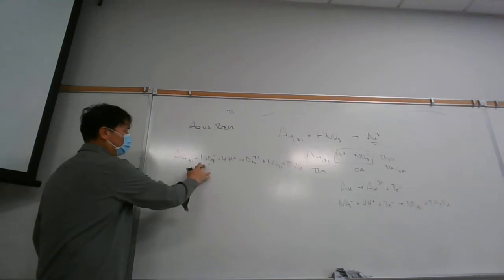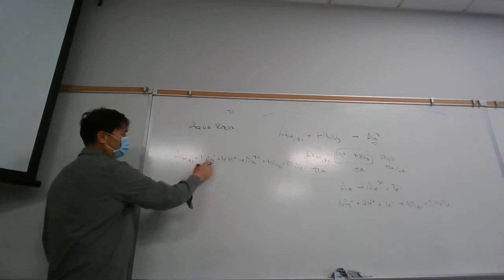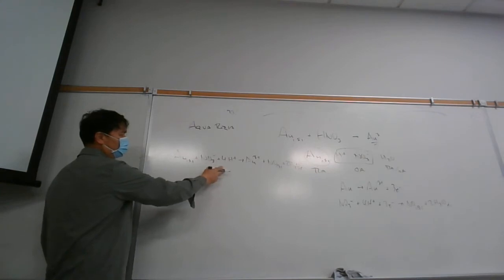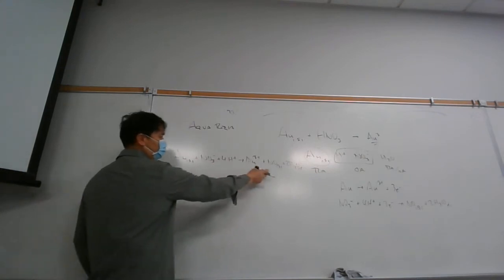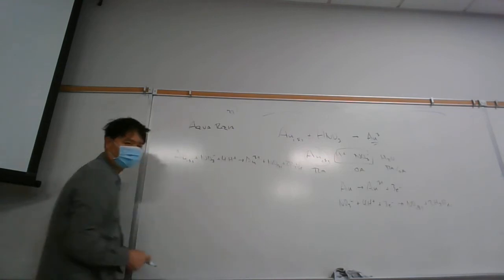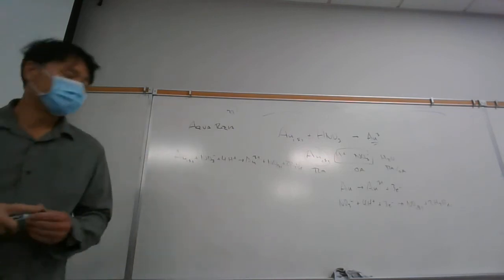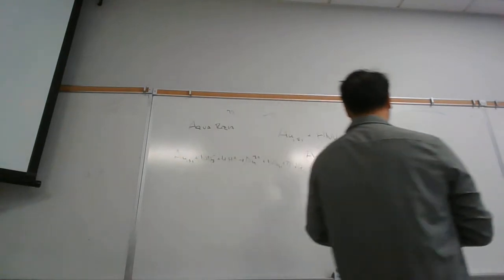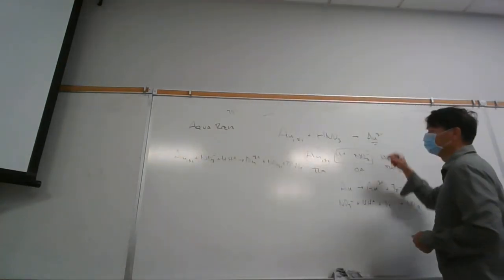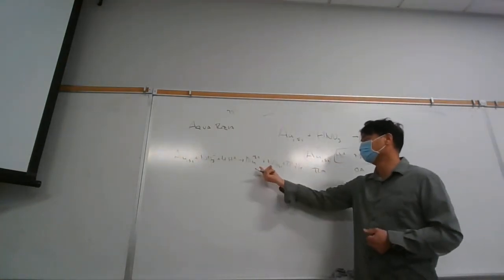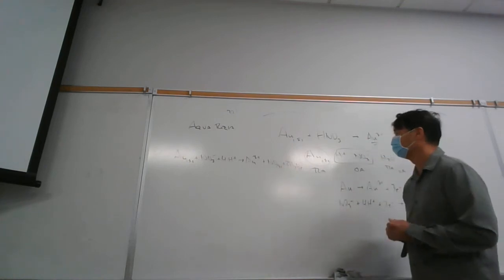Actually 3 out of the 4 nitrates, because if we have 4H pluses, we have 4 HNO3s, 3 of those are spectators. And those 3 nitrates that are spectators just cancel out, so I didn't show them here. We could have put them here, this is a form of gold 3 nitrate, with 3 nitrates balancing out the charge of the gold 3.